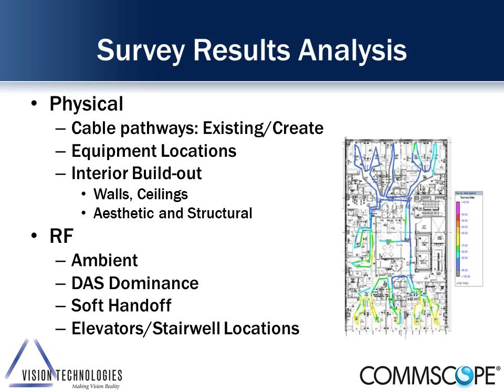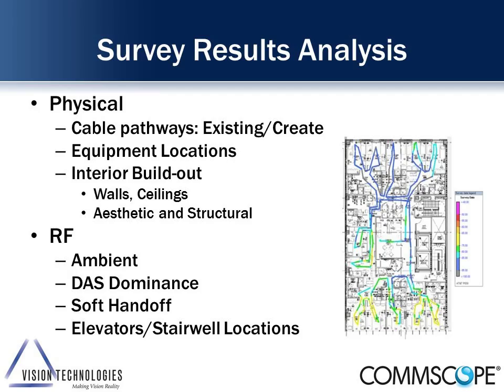So once you have all the data collected, you need to analyze it. You need to document it. So you want to create on the floor plans cable pathways that you can and can't take.